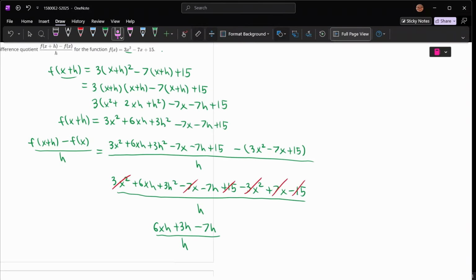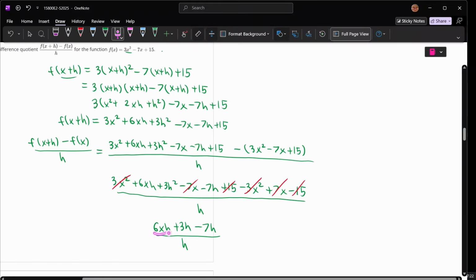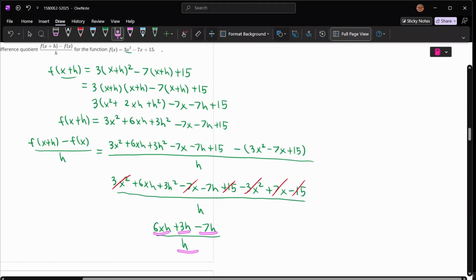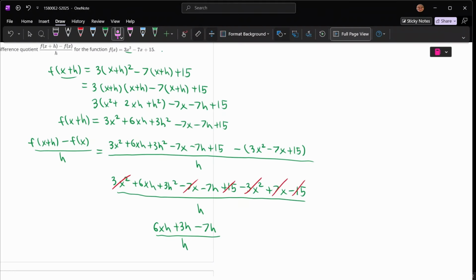And now we're in a really good spot because you can see that every single one of these individual terms in this fraction has an h attached to it. And so we can use the distributive property to take out an h and cancel out h's and end up with a more simplified expression.